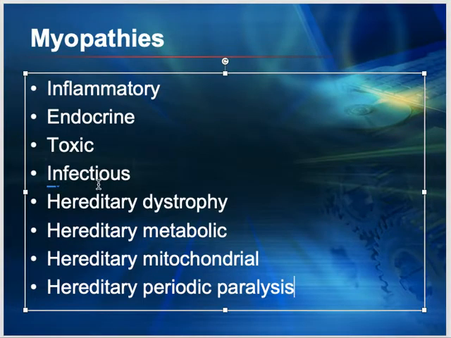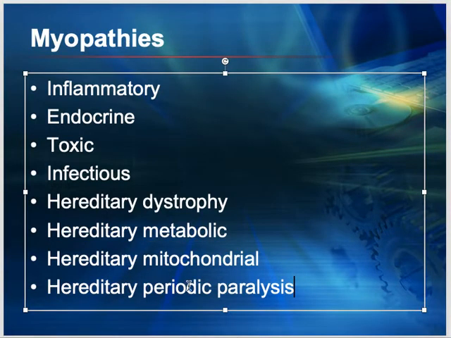In this lecture, we are going to study hereditary dystrophy, like Becker's, Duchenne's, and myotonic dystrophy. And then there are metabolic hereditary problems like McArdle's disease, and hereditary mitochondrial diseases, for example, MERRF and MELAS.